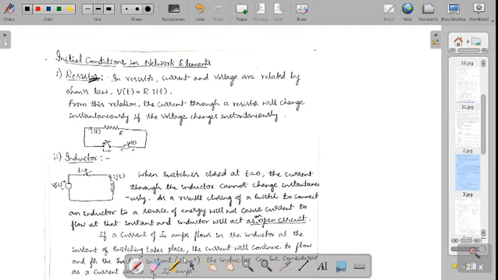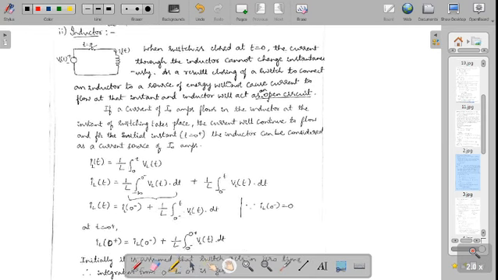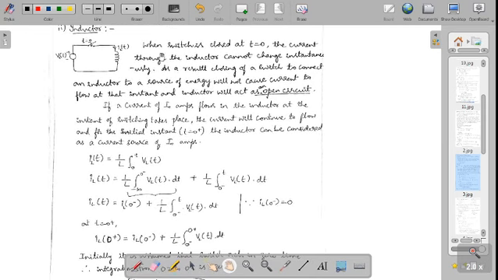Now let us consider the case of an inductor. Here you have the voltage source, the switch closing at time t equals 0, and this is your inductor, with the current IL of t flowing through it. When the switch is closed at t equals 0, the current through the inductor cannot change instantaneously.